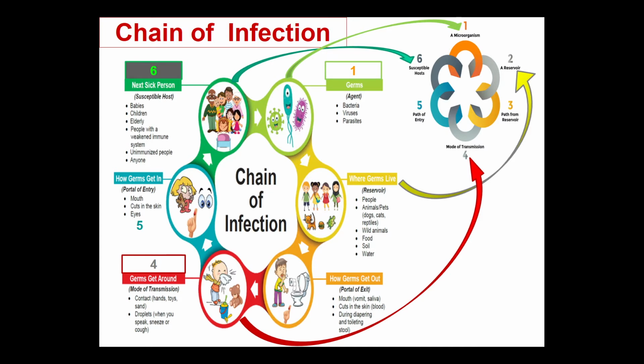The transmission from the reservoir, the first patients, to other people is characterized by the mode of transmission. This is the yellow field. A boy, for example, releases microbes with saliva. If the saliva is inhaled by the next person, or through contact with the skin or saliva of the infected person, that person may acquire the disease, and germs get around.